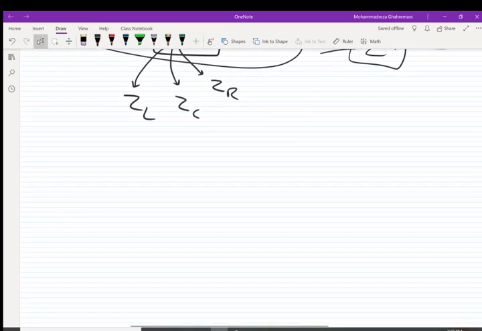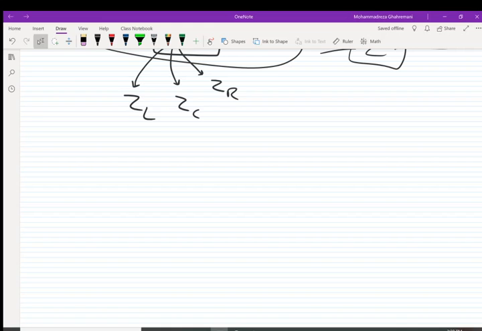Now, resistors, inductors, and capacitors. What if these impedances or devices are in series or parallel? Of course, we know how to find the equivalent resistance, equivalent capacitance, and equivalent inductance for resistors, capacitors, and inductors.